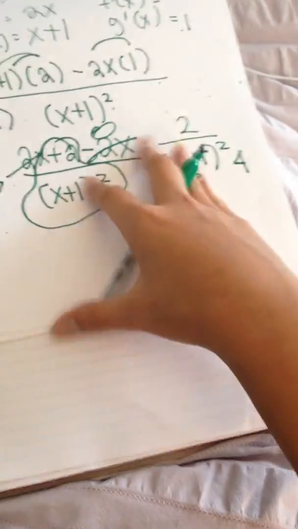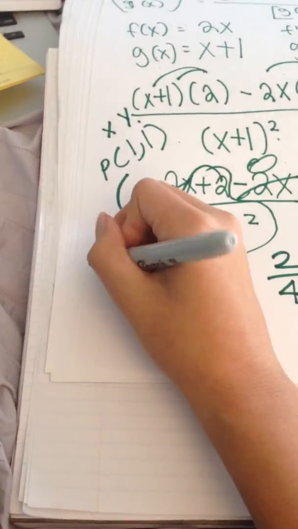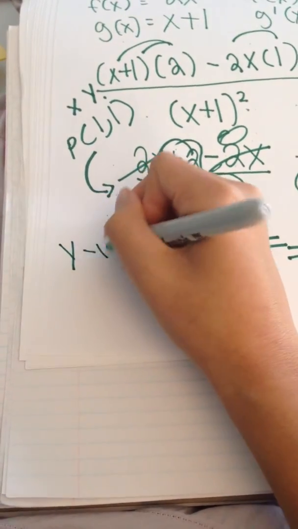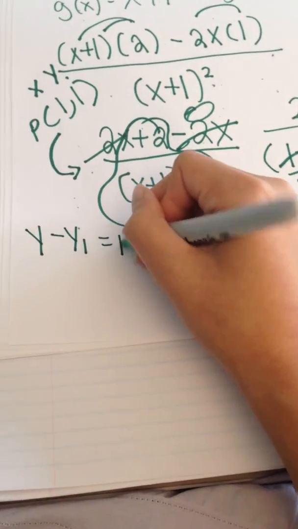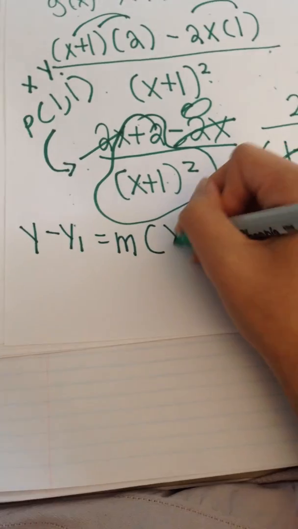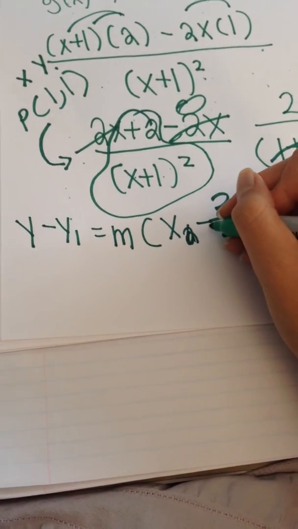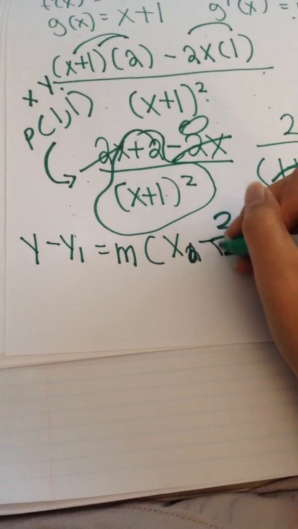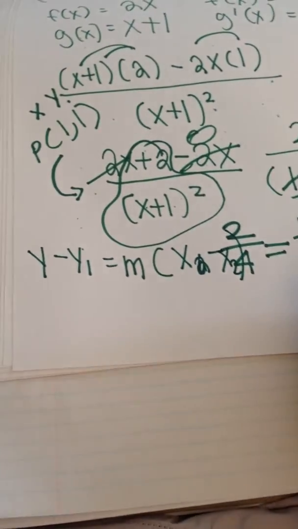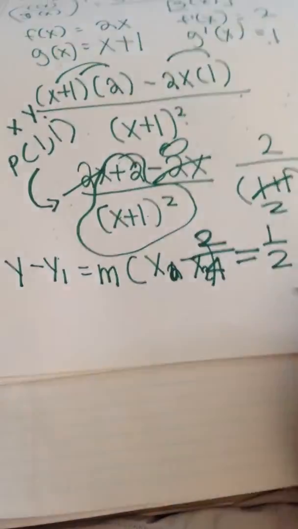And to find a tangent line, you're just going to use the slope. Just kind of ignore that.